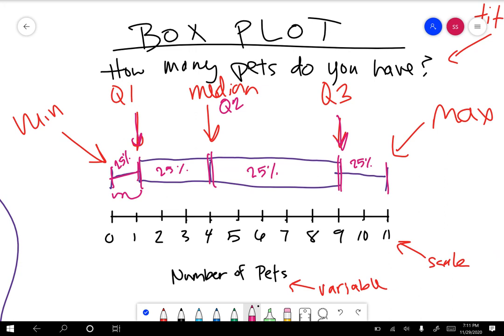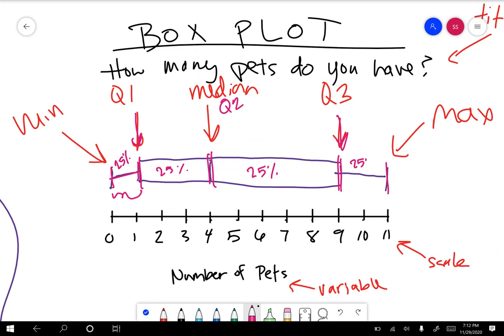So box plots are awesome in that they show us kind of the spread of the data, if you will, right? So the more spread out it is here, so notice how this is a lot longer than, say, this one, right?